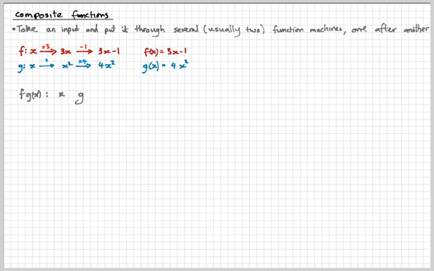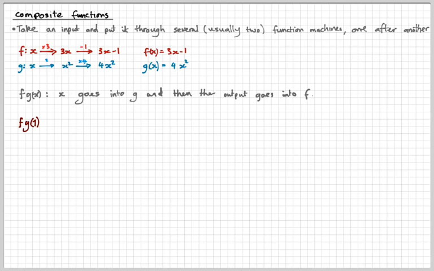This means that x will go into g, and then the output from this, the answer, will go into f. So x goes into g, and then that answer goes into f. We'll do some examples to make this idea clearer.